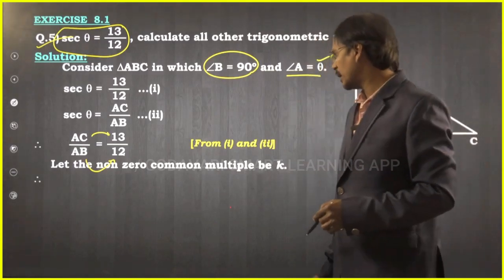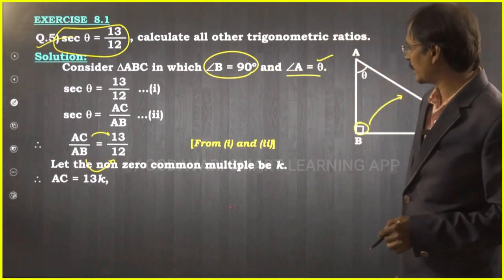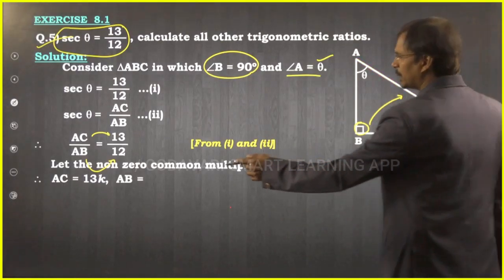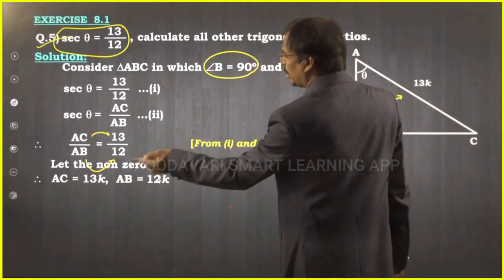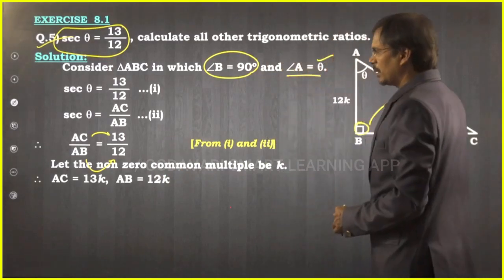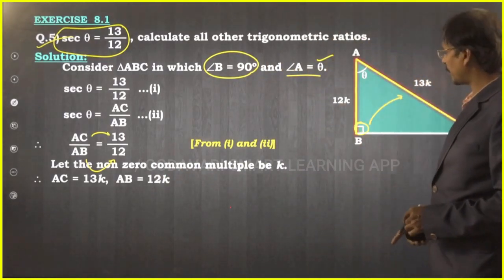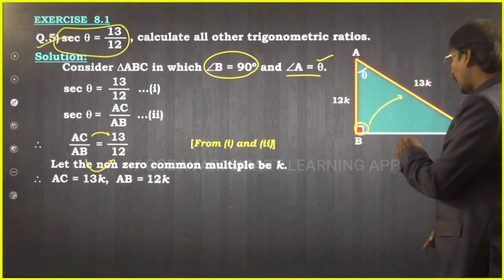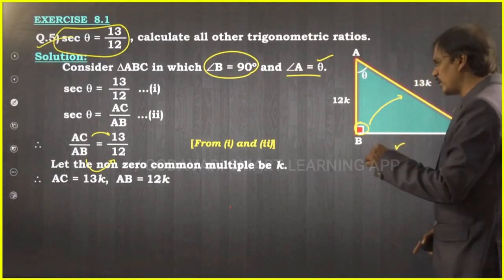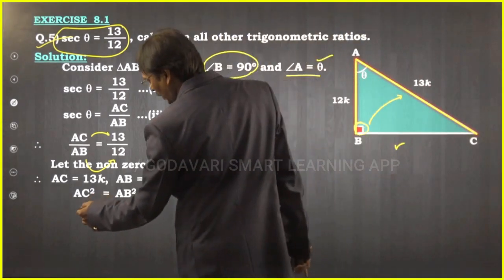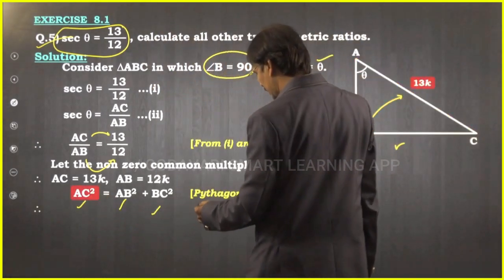So let the non-zero common multiple be k. AC is equal to 13k and AB is equal to 12k. We have to separate numerator and denominator. So this is the 12k, this is the 13k. And we have to find the third side by using the Pythagoras theorem. Hypotenuse square is equal to side square plus side square. This is the Pythagoras theorem.